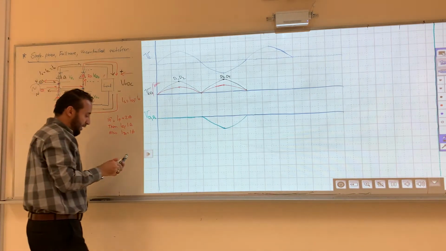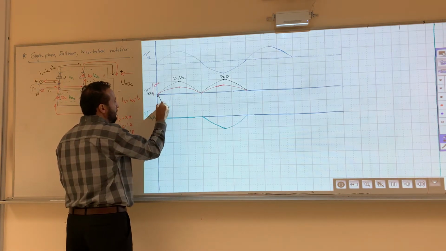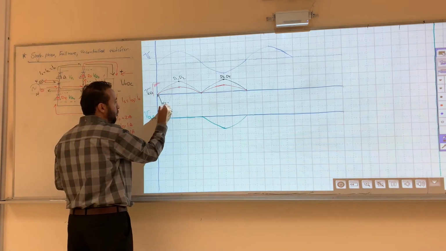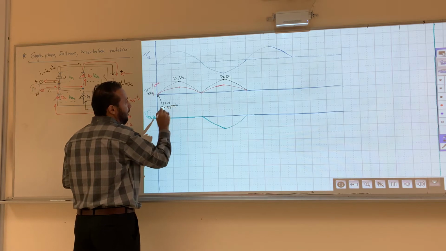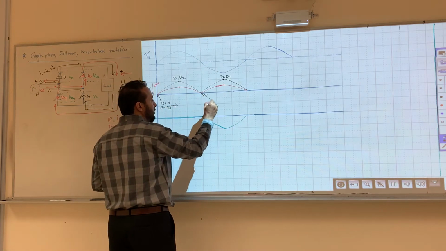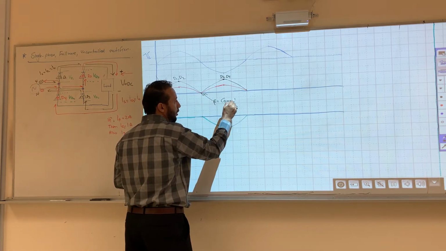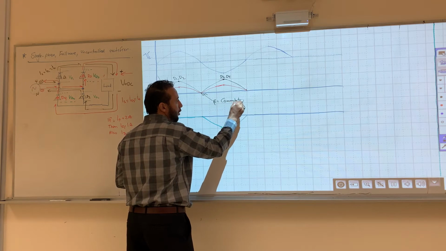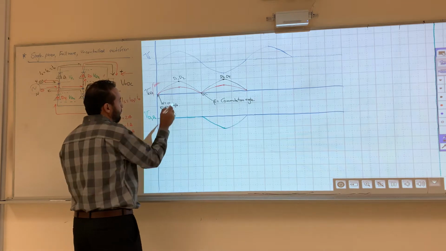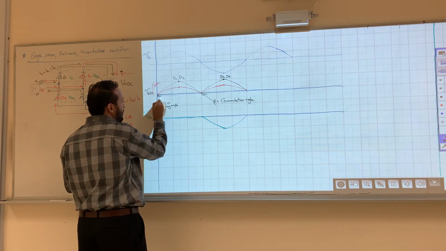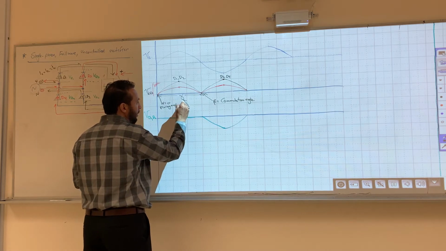And we know from before, guys, that this point here is alpha, which is 0, and we call it also the firing angle. And this point here is beta, and we call it the commutation angle. And the conduction angle is between this, which is alpha, and this, which is beta.